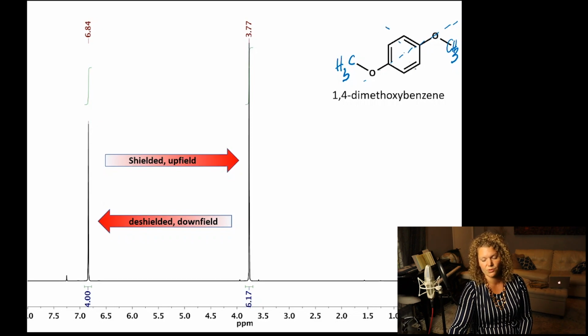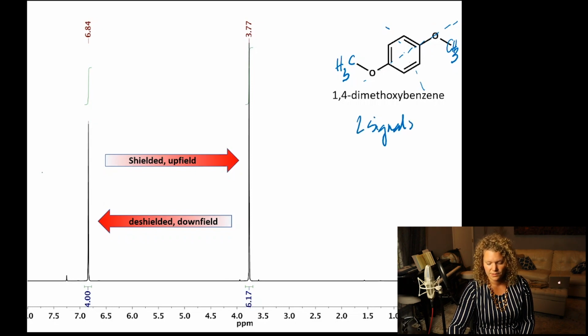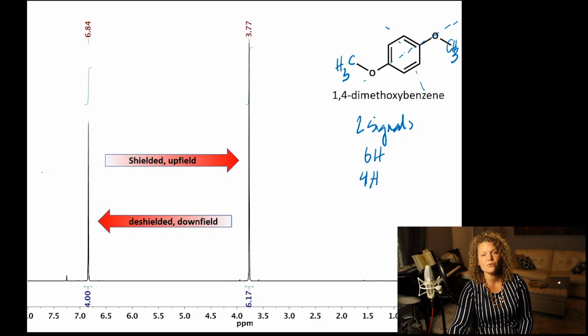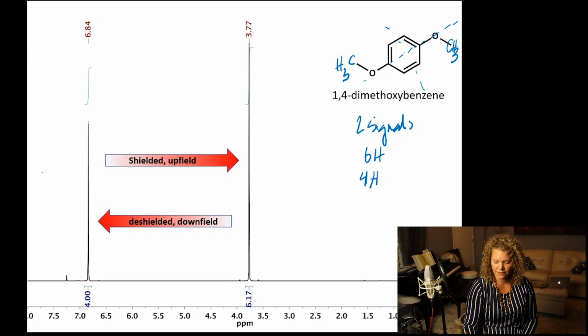There's also a plane of symmetry this way. This makes sense why we have 2 signals: 6 hydrogen and then another signal of 4 hydrogen. And we know that our methyl groups would be the lowest ppm signal here. So let's label these with HA. And let's label our aromatic hydrogens as HB.